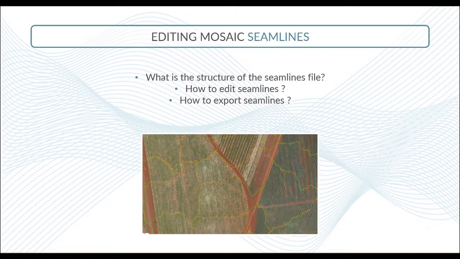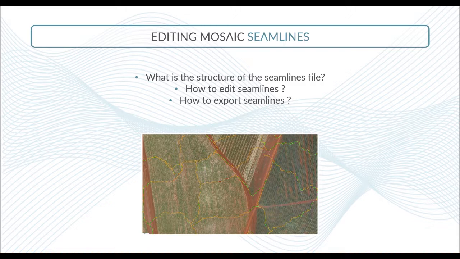The seam line is created during the mosaic process by Correlator3D and uses an internal structure to store all the polygons and all the information that needs to be stored regarding the different images that each polygon is associated with. So it's a very complex structure with a specific topology in terms of polygons and lines, and for this reason it cannot be imported from a shapefile.